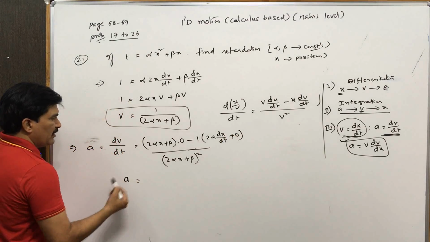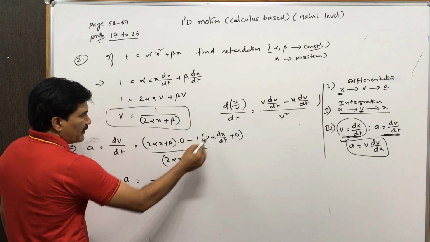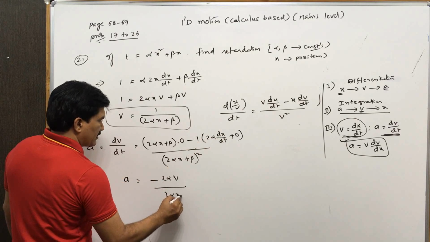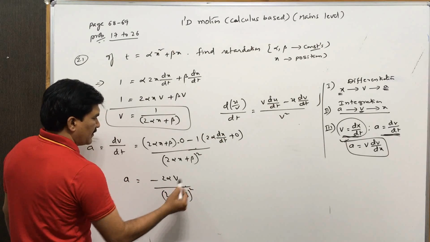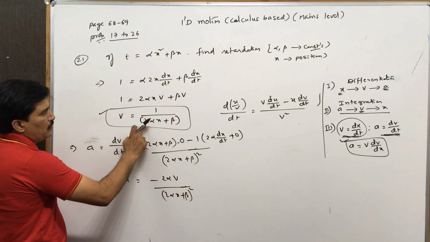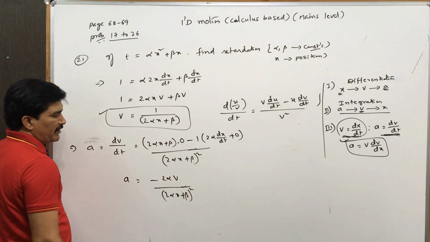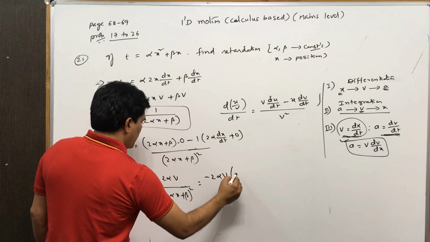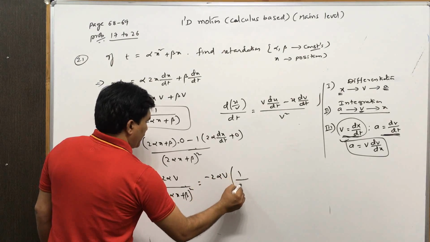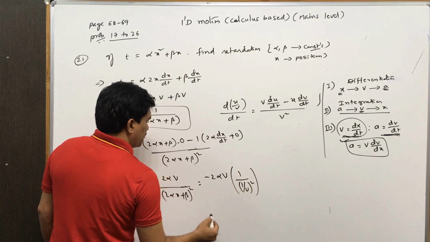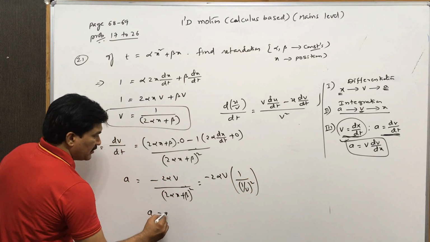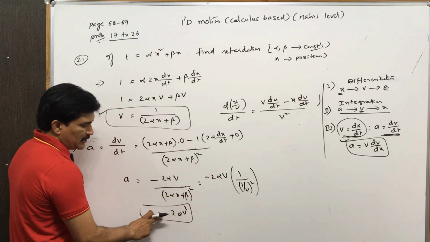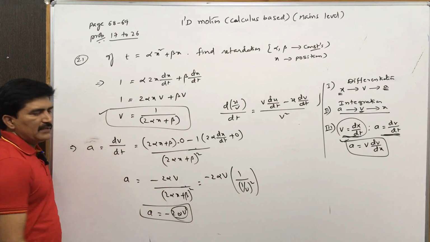So acceleration we will get as minus 2 alpha into v upon 2 alpha x plus beta whole square. But from this relation, 2 alpha x plus beta is nothing but 1 by v. So this leads to minus 2 alpha into v into 1 by v whole square, which leads to acceleration is minus 2 alpha v cube, thereby deceleration, the negative of this, means 2 alpha v cube, that is the required one.